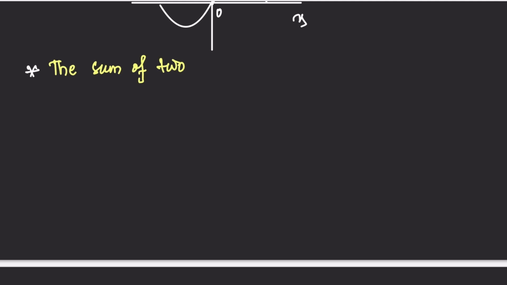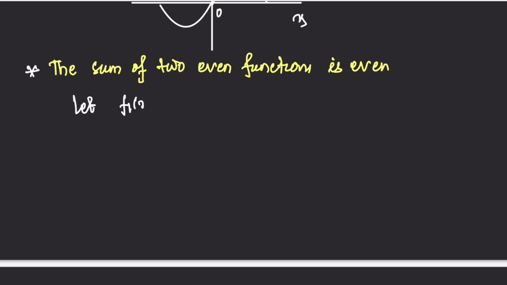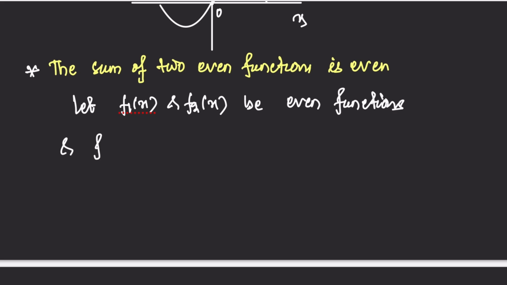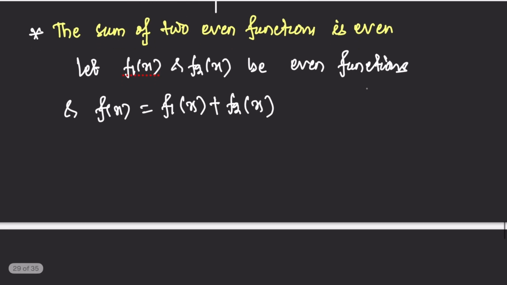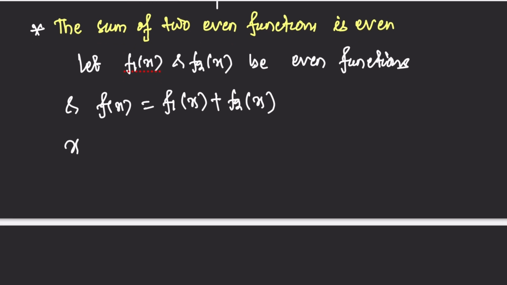The sum of two even functions is an even function. Let's prove it. Let f1x and f2x be two even functions, and the function f of x is defined as the sum of f1x and f2x. Now replace x by minus x.